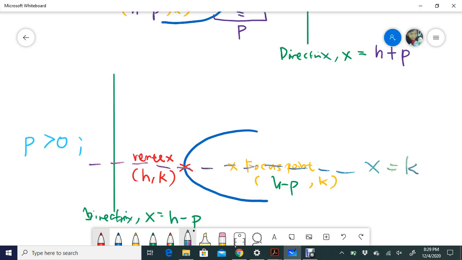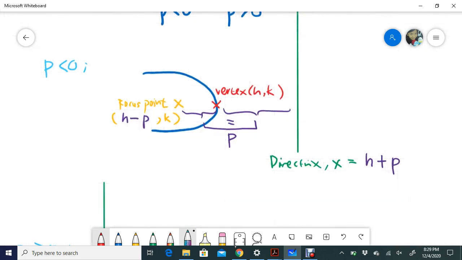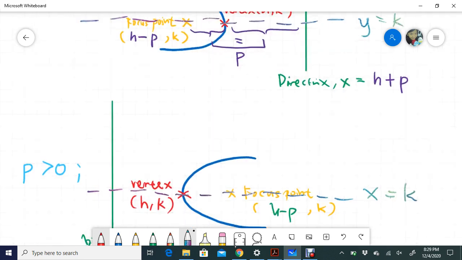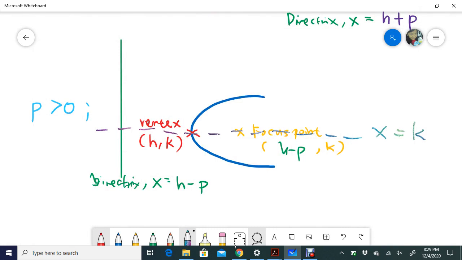Same goes with this one: your symmetrical line is y equals k. Sorry, it's not x but y. So it will be y equals k. Is that okay? So this will be in general.